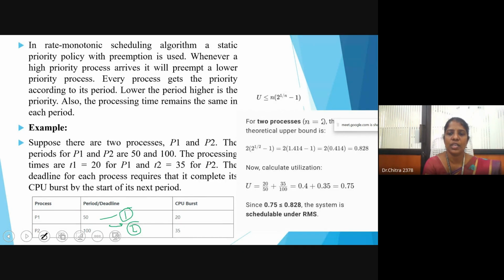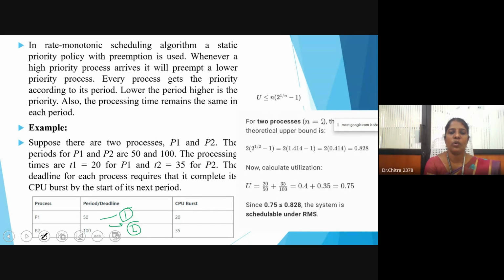The second step is to calculate whether this scheduling is possible in that given priority, whether this is possible for the given processes, to check the feasibility of the scheduling. To check the feasibility, first calculate the theoretical bound value.